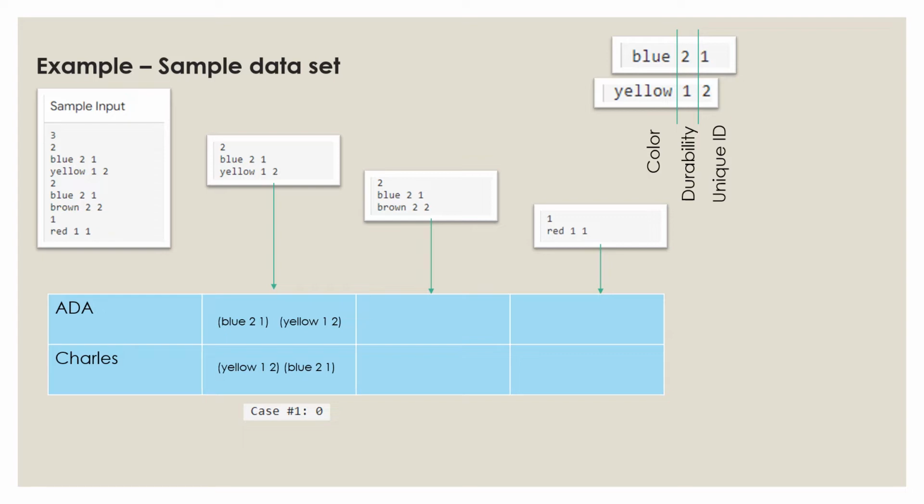And when Charles sorts this matrix based on durability, he checks, okay, they both are the same, right? So what he does, if the color or the durability is the same, then we have to sort these fabrics using the unique ID. Okay, that's why we have here blue 2 1 and brown 2 1, because the unique IDs are 1 and 2.